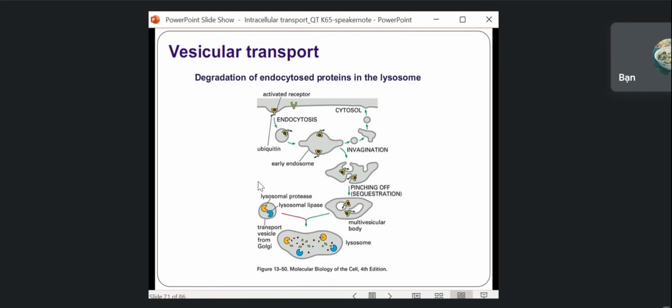And the third example is about the degradation of endocytosed protein in the lysosome.